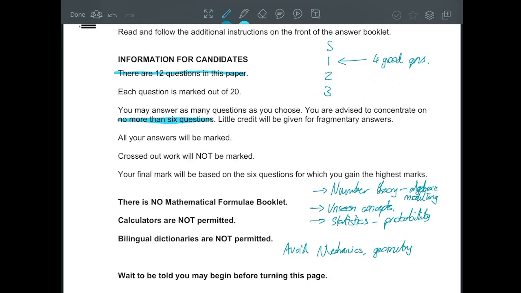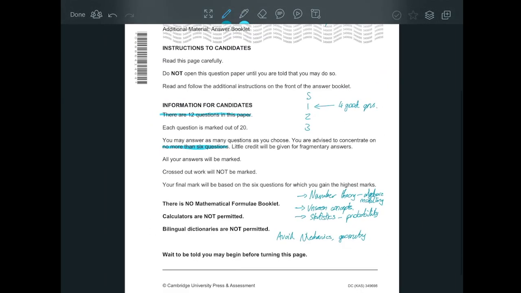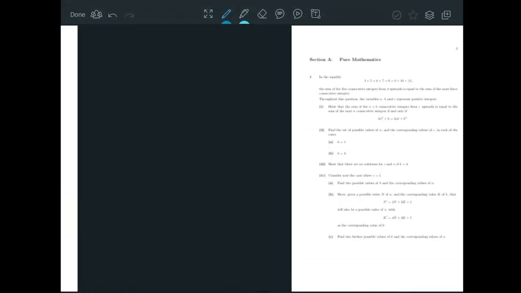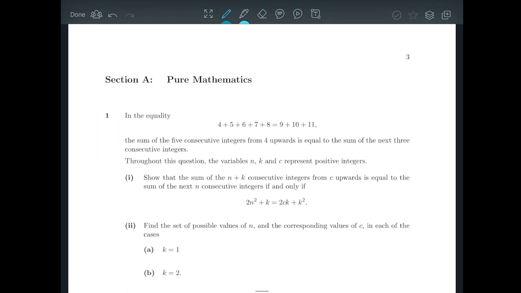So we're now going to read through each of these questions, and I liked to put a little code next to each, either yes, I want to tackle this question, no, I do not want to tackle this question, or maybe I should try this if all my yes questions have already been done.